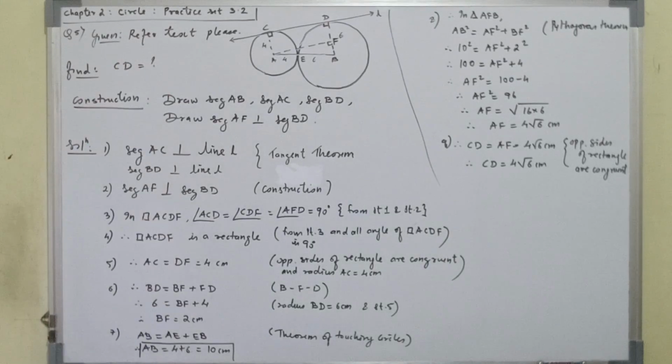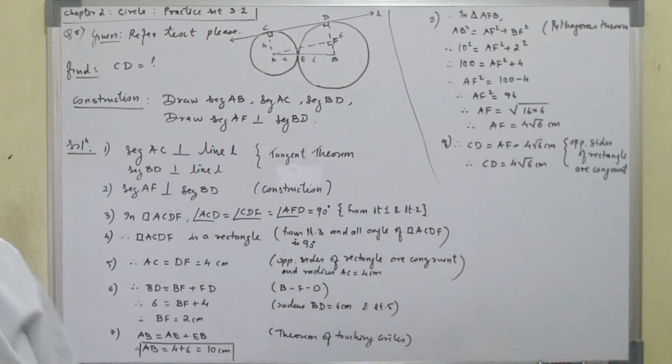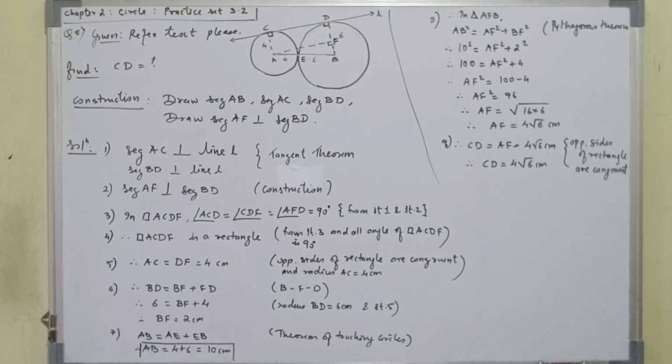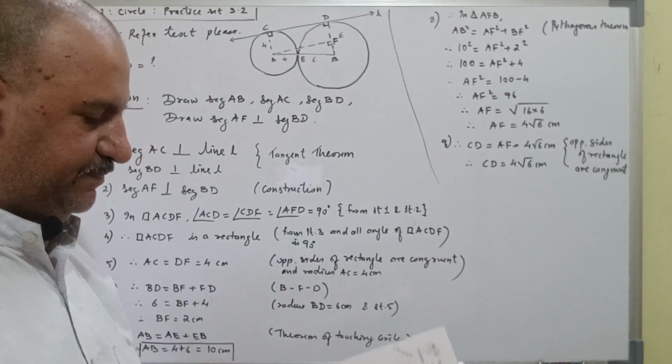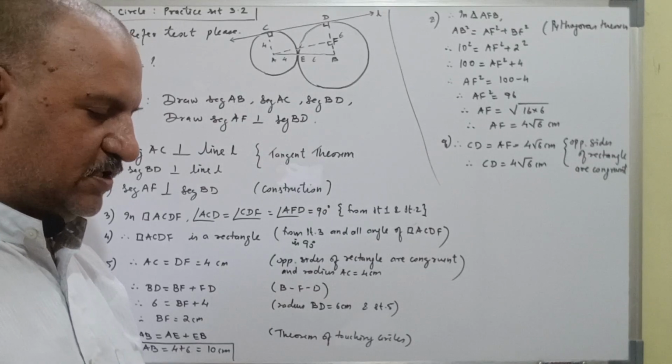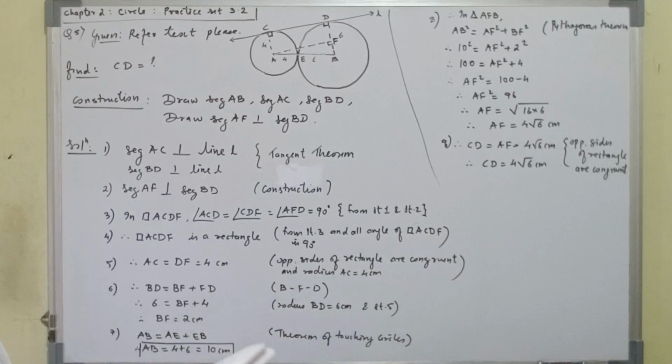Okay, practice set 3.2, question number 5 we have to do. See, refer textbook, what they have given us is two circles. Now these two circles are touching each other externally.